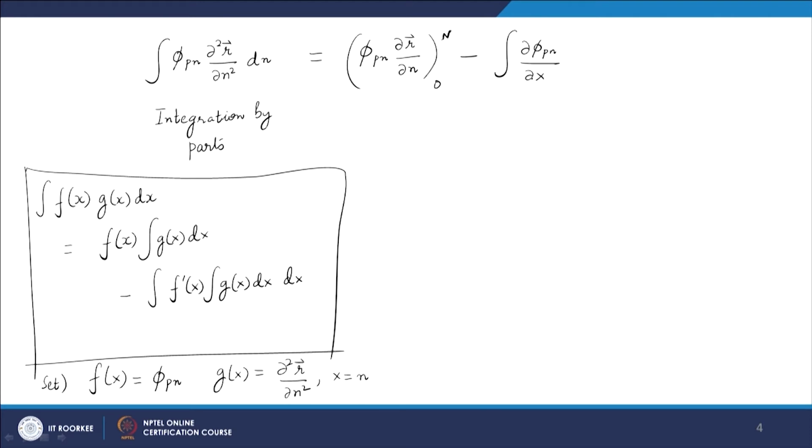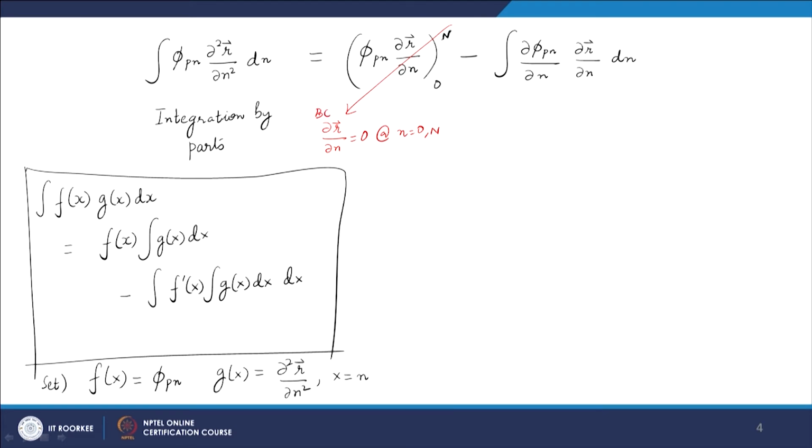Again, the integral of second derivative is the first derivative, that is n here. So, we have dou r by dou n dn. Now, the first term goes off because dou r by dou n is equal to 0 at n equal to 0 and n, that is the boundary condition.